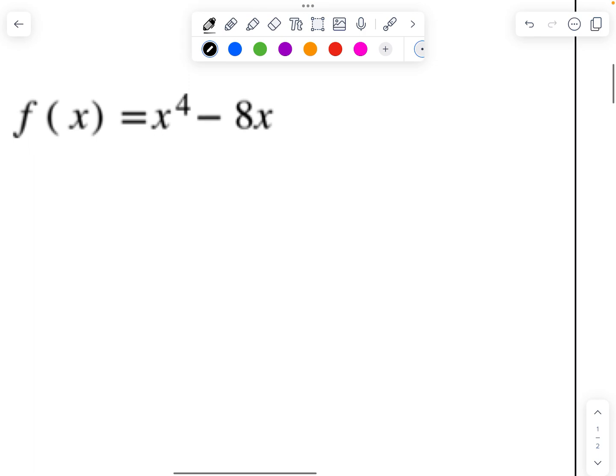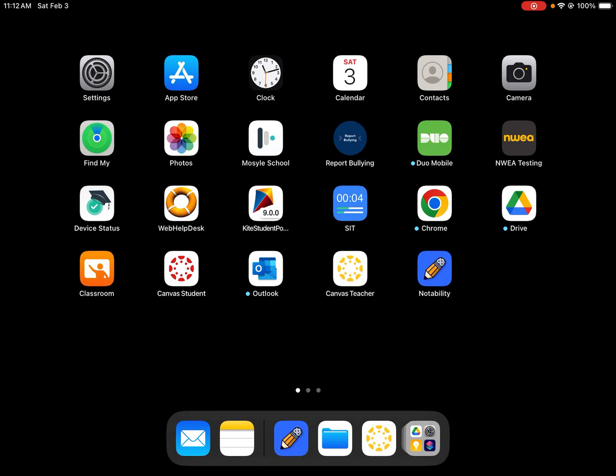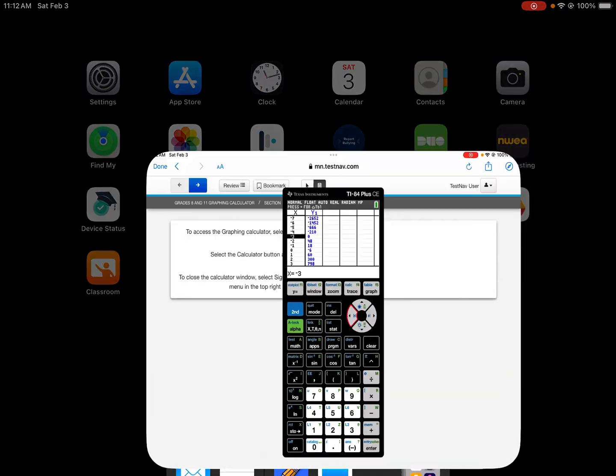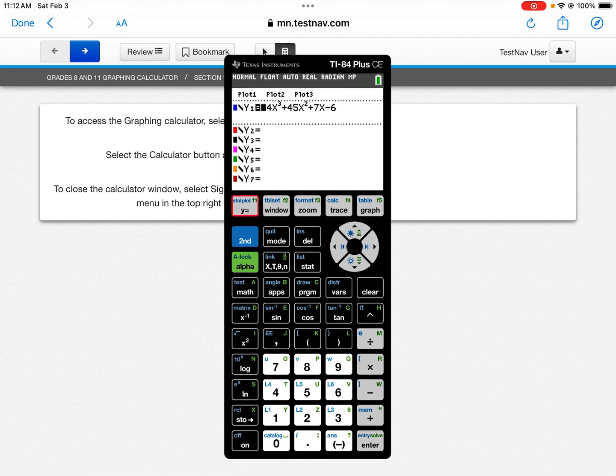All right, this one, let's put it in. X to the power of 4 minus 8x.